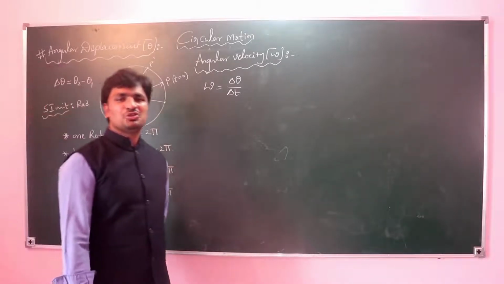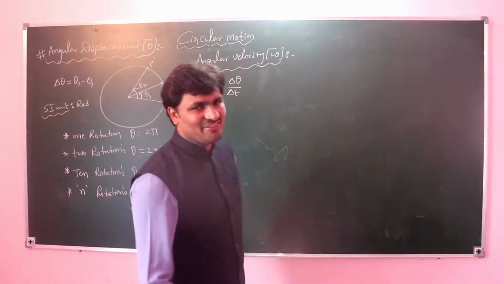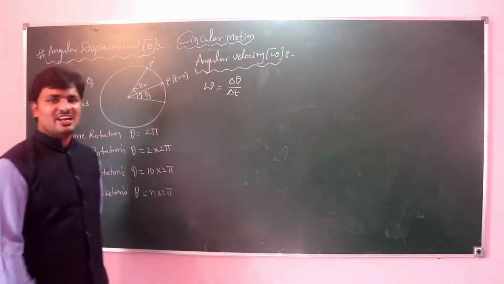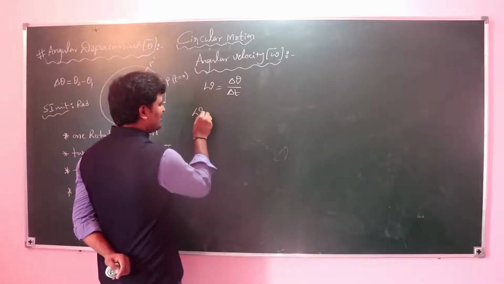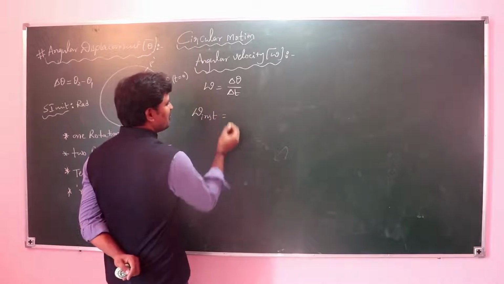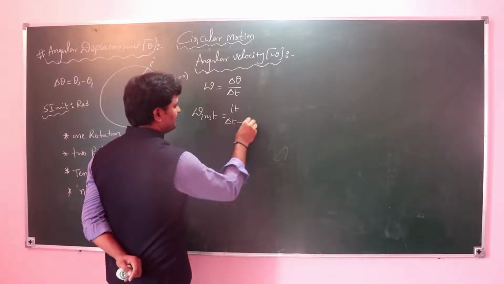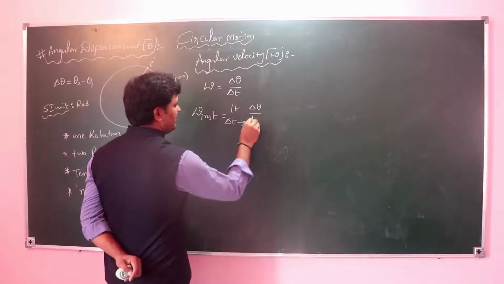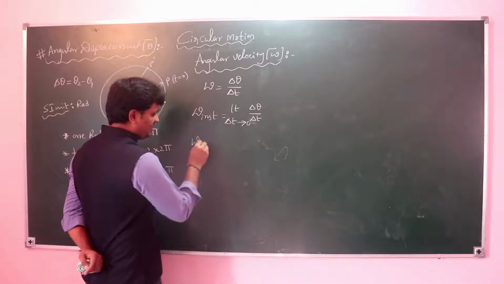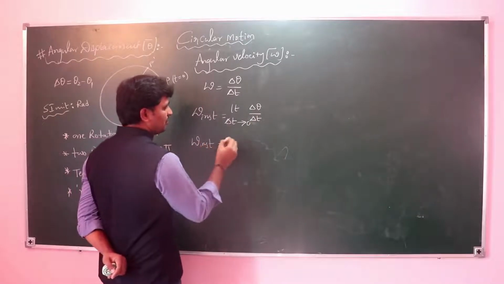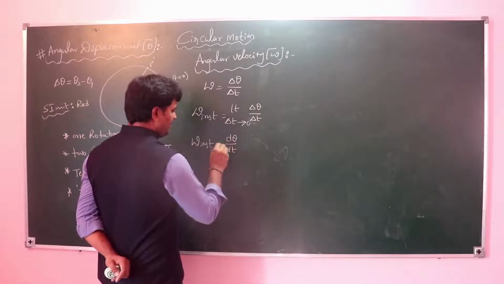Average means the total angular displacement upon total time. Instantaneous means at a particular instant of time, where we take the limit delta t tends to 0 of delta theta by delta t. So the instantaneous angular velocity is d theta by dt.